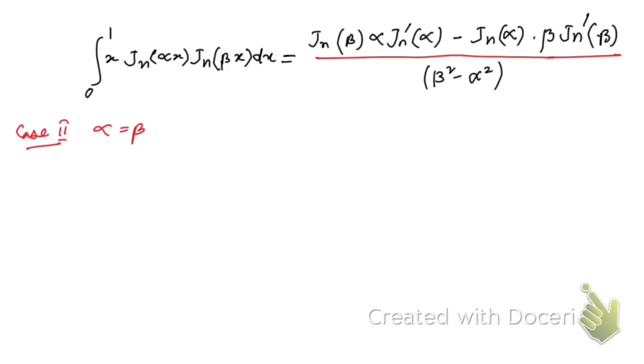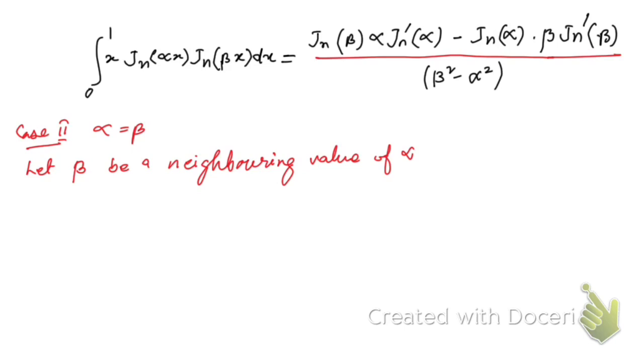Let us consider that beta is a neighboring value of alpha, which tends to alpha.